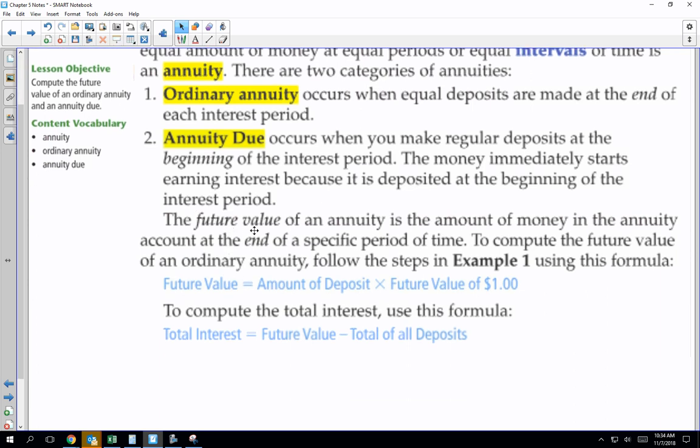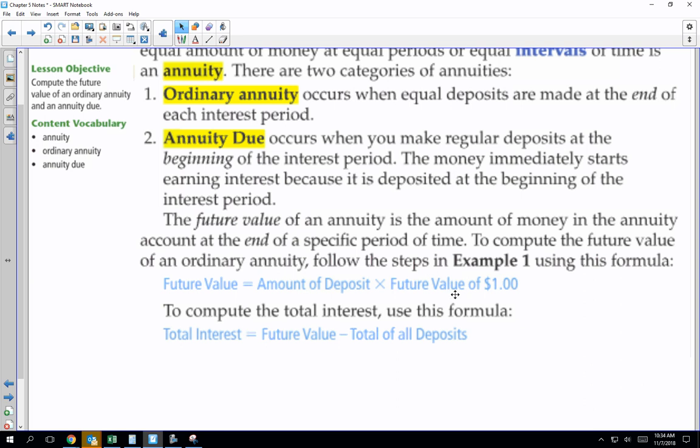The future value of an annuity is the amount of money in the annuity account at the end of a specific period of time. To compute the future value of an ordinary annuity, follow the steps in example 1 using this formula. Please write down this formula. The future value is equal to the amount of the deposit times the future value of $1.